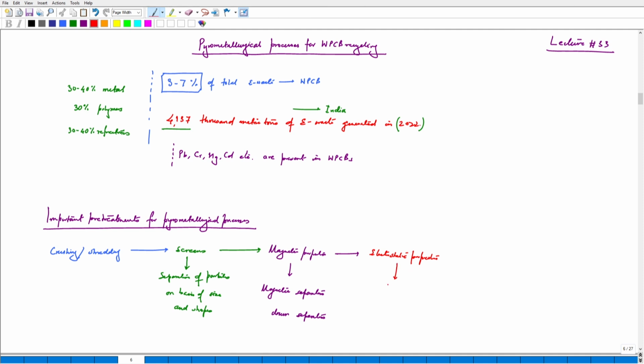So we know that we are going to have eddy current separators. Similarly, following that, we have density separations. So we can have fluidized bed, or cyclones, hydrocyclones. And finally, we can have surface properties. So we go for froth flotation.